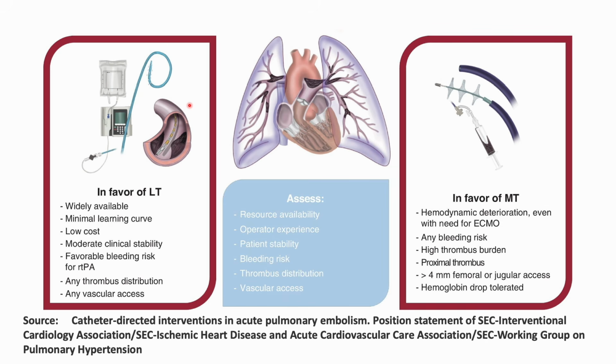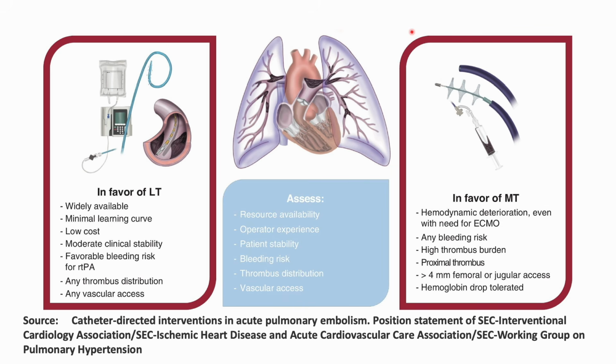This is how it looks in case you're wondering what is done. So, in catheter directed thrombolysis, which is widely available, a catheter is used and the anticoagulant is directly delivered into the pulmonary artery. And this is in favor of mechanical thrombectomy.